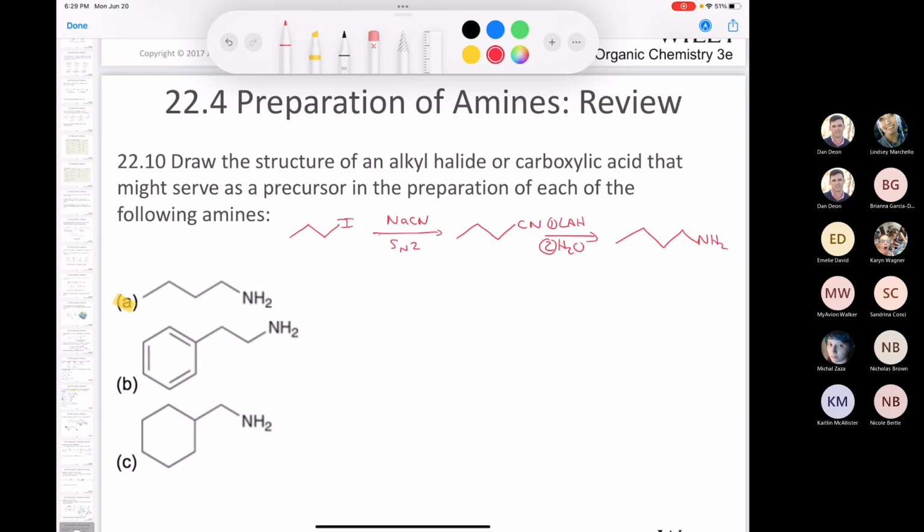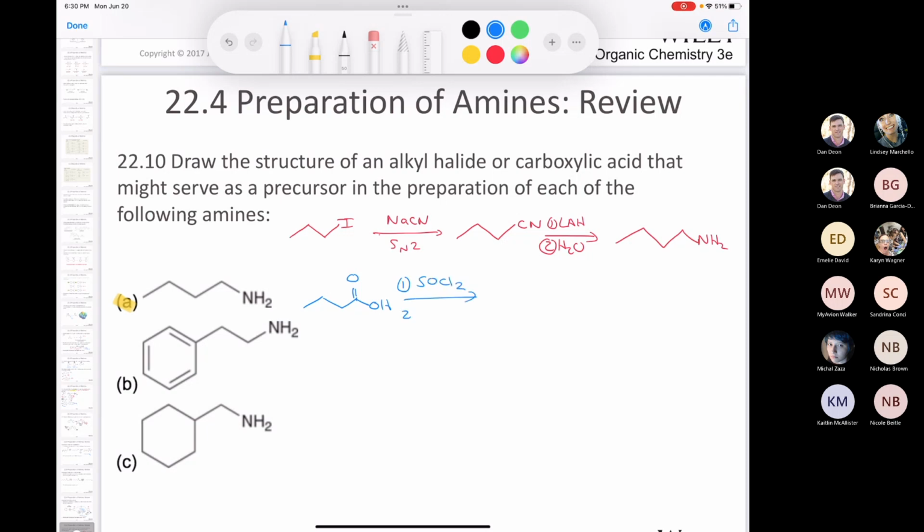If you wanted to make it from the carboxylic acid, you'd want to make it from the amide. So you'd start with butyric acid. Let's write out the structure of butyric acid. We actually saw this a few minutes ago. The first step is to treat that with thionyl chloride to make the acid chloride.